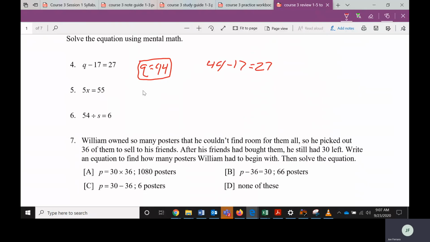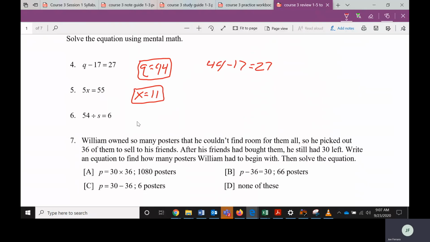Here, this one's like one I talked about up above. When you have 5 times something to get 55, that something is going to be 11. So when you have the numbers 1 through 9 times 11, you get that number twice. So 5 times 11 is 55.